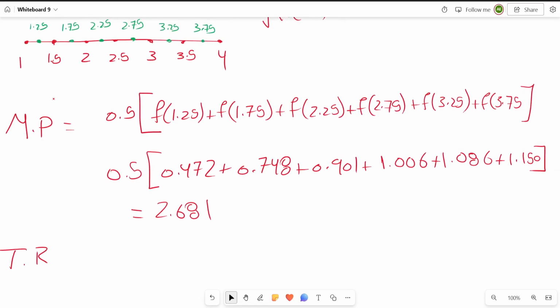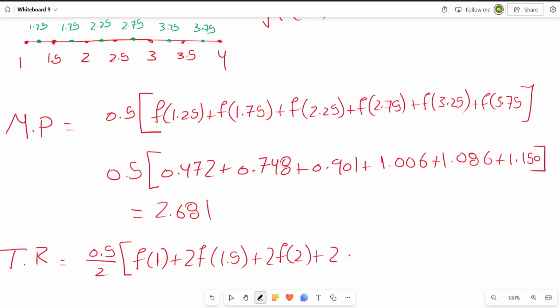However, the trapezium rule is equal to delta x over 2, so 0.5 over 2, times f of the first x now, which is f of 1, plus 2 times f of 1.5 plus 2 times f of 2 plus 2 times f of 2.5 plus 2 times f of 3 plus 2 times f of 3.5, and then plus f of the last point, which is 4.